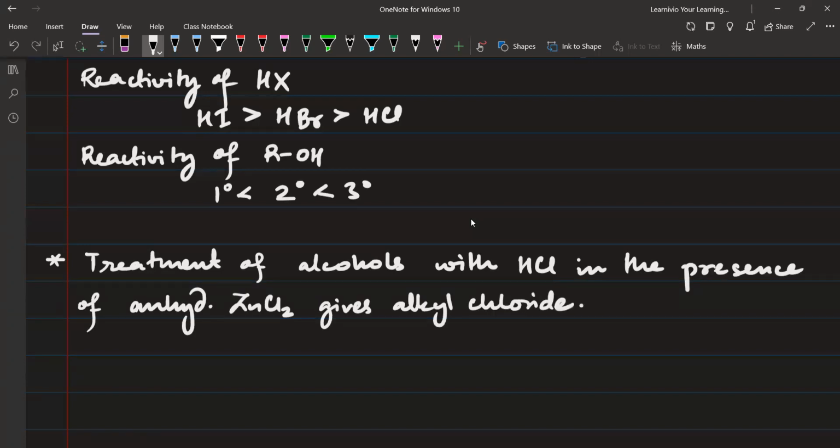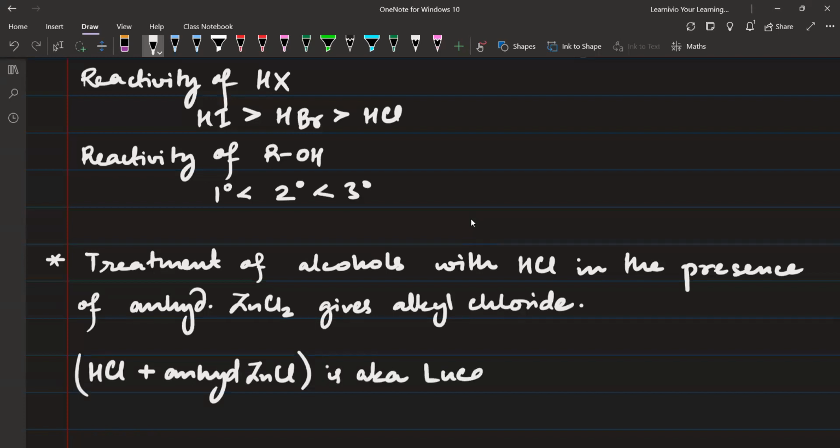Okay. And this particular reagent, HCl plus anhydrous ZnCl2, together it is also known as Lucas reagent. Okay, I will call this LR.